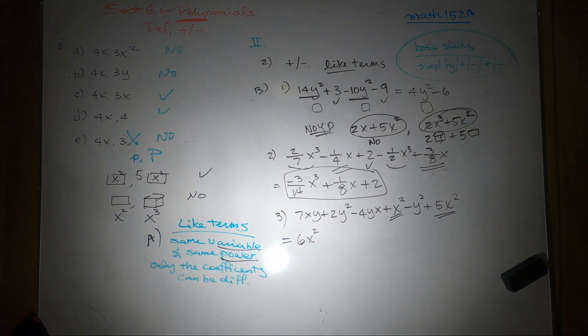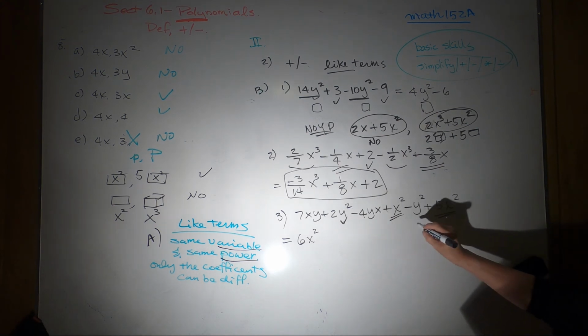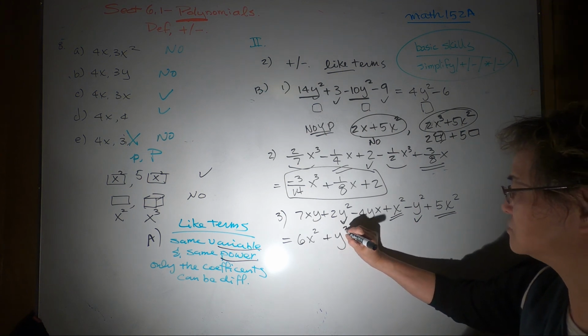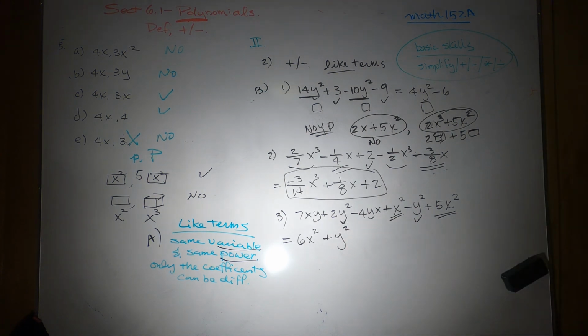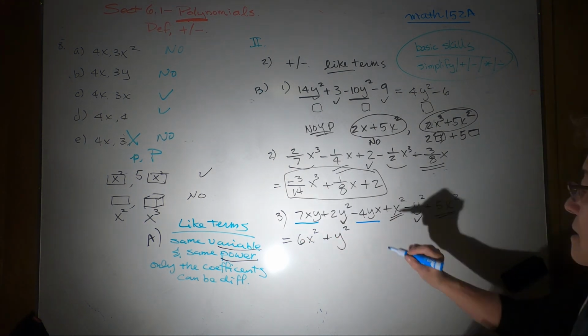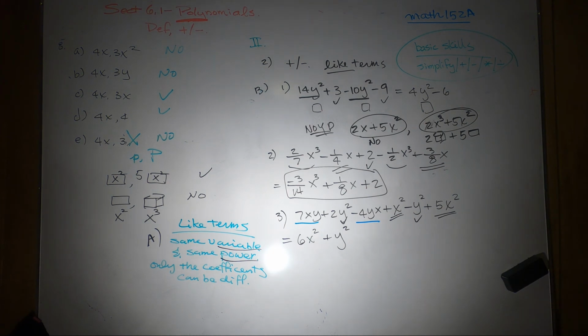Right? And how about y's? Oh, okay. I have 2y squared minus y squared. I will have y squared, right? 2 minus 1. How about 7xy and yx? Are they the same? Is 5 times 3 the same thing as 3 times 5?